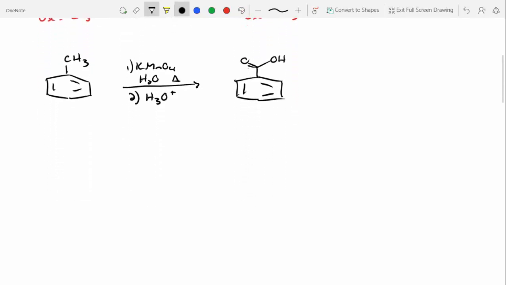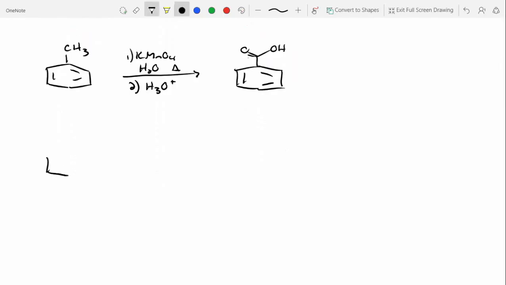All right, let's try another one. Let's say I throw in Na2Cr2O7, H2SO4, and H2O at this compound. So the chromic acid oxidation.